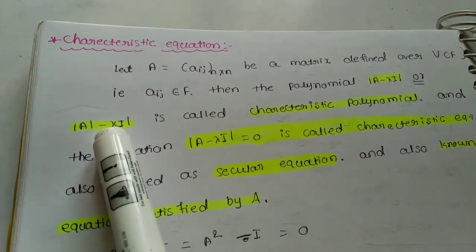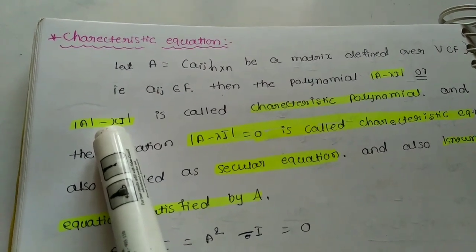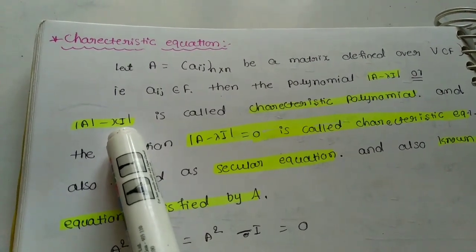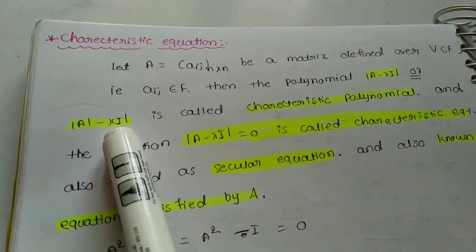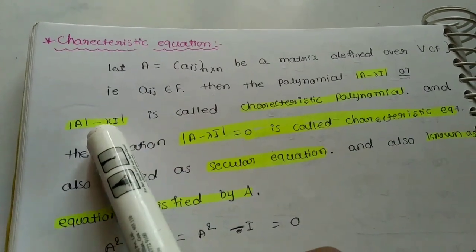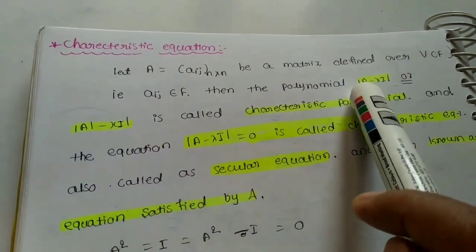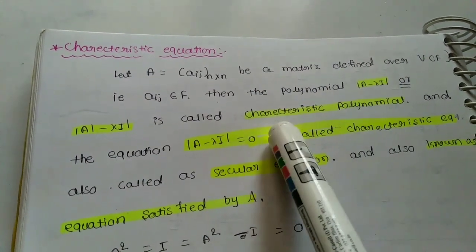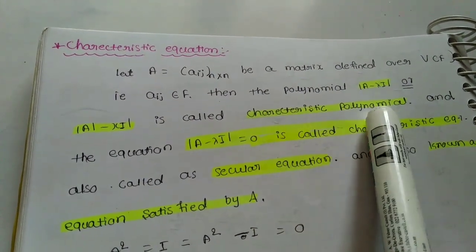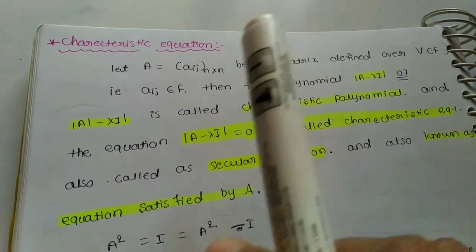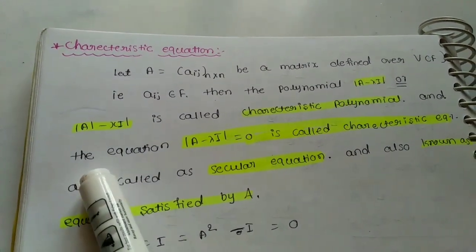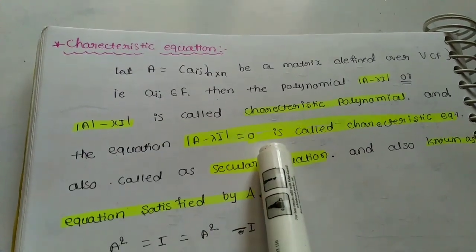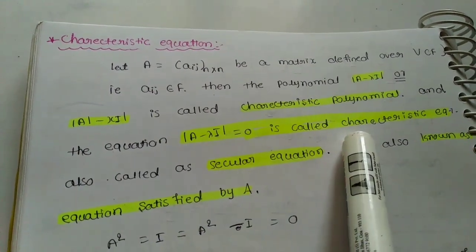Here I used x. This I denotes the identity element. If you write it in this form, the determinant of A minus lambda I, then that denotes the characteristic polynomial. And the equation determinant of A minus lambda I equal to 0 is called what?